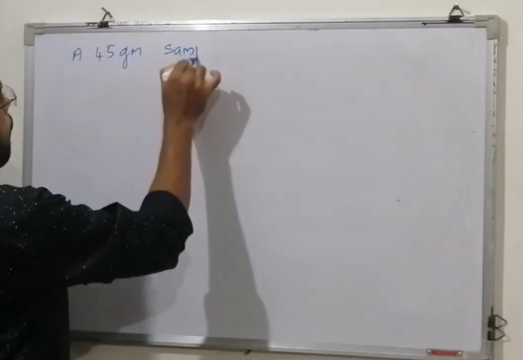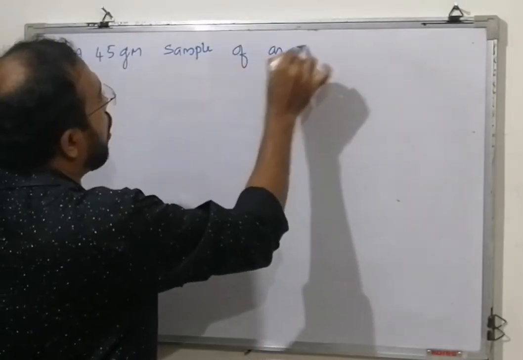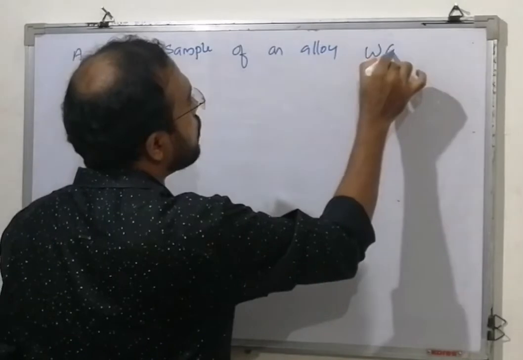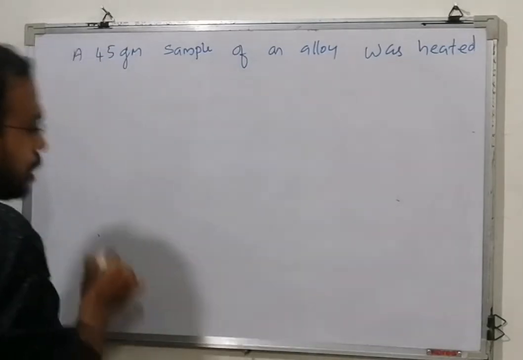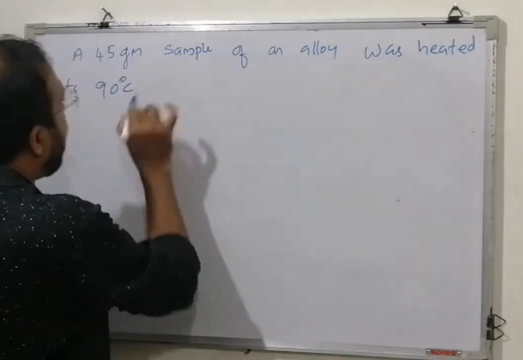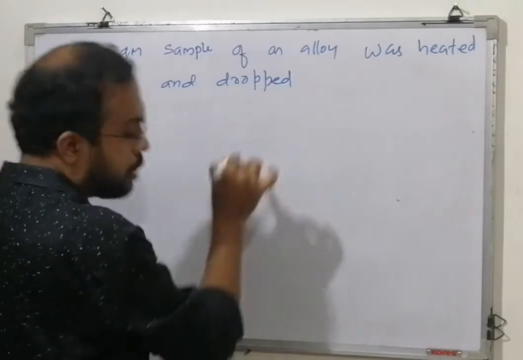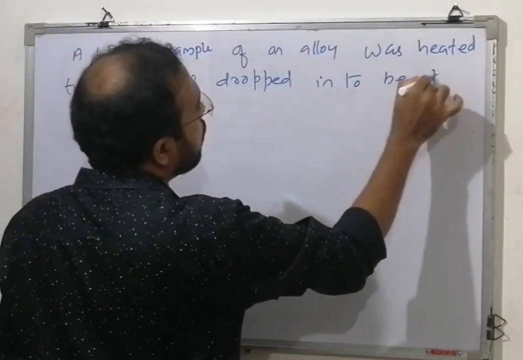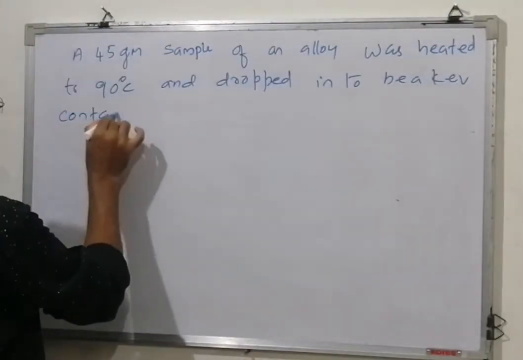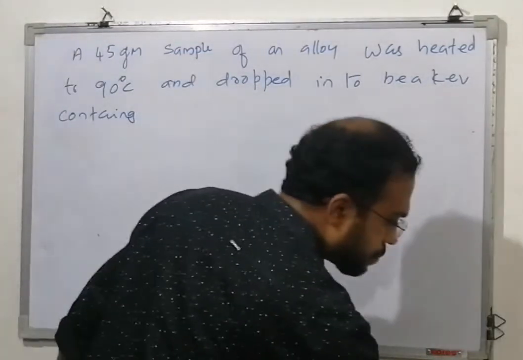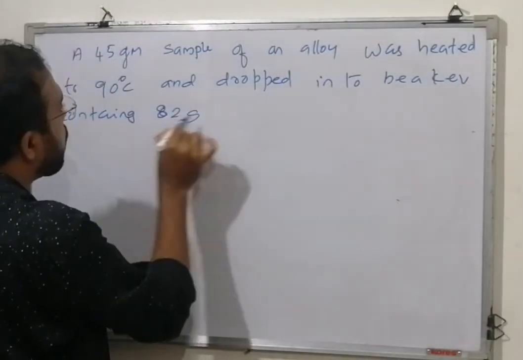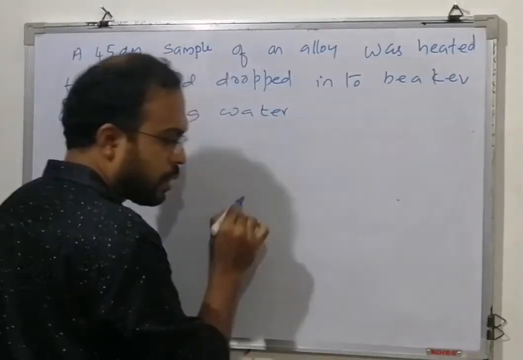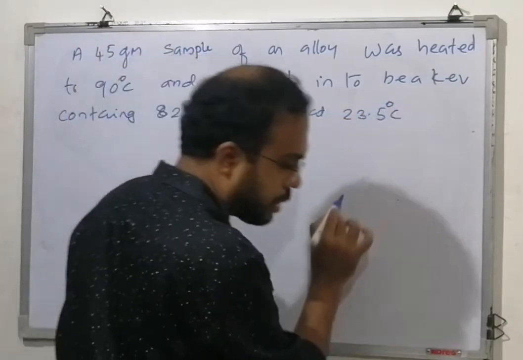A 45 gram sample of an alloy was heated to 90 degrees centigrade and dropped into a beaker containing 82 gram water at 23.5 degrees centigrade.